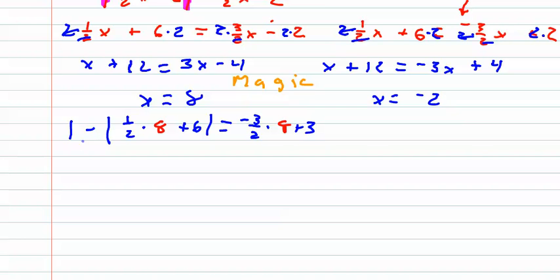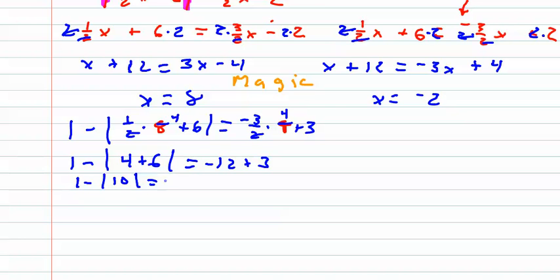I'm going to clean this up as much as I can. 1 minus absolute value of 4 plus 6. Half goes into 8 4 times. Equals 2 goes into 8 4 times. Negative 12 plus 3. Or 1 minus the absolute value of 10 equals negative 9.